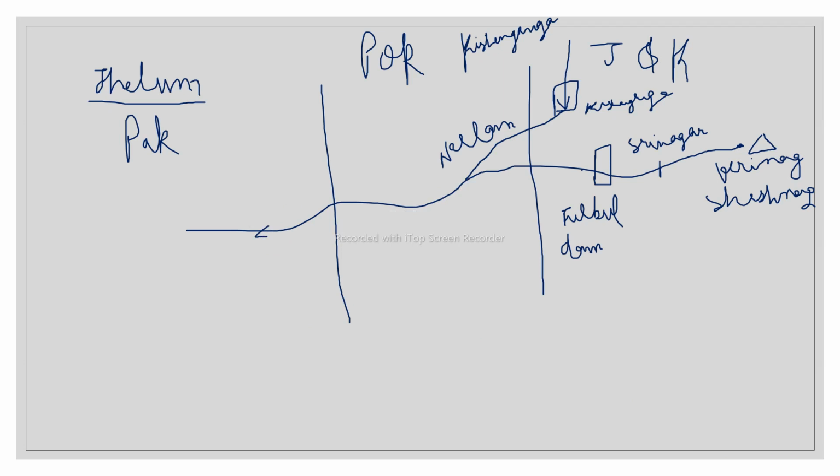Then let us talk about the next river, that is Chenab, the second tributary. Okay, so when I'm talking about Chenab, it is originating like this, like two rivers are connecting together to form this river Chenab.